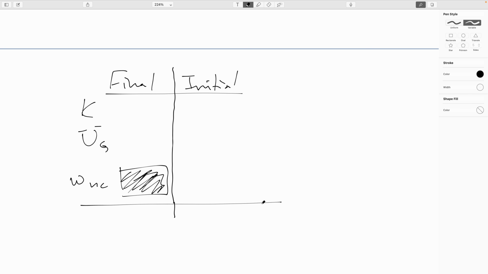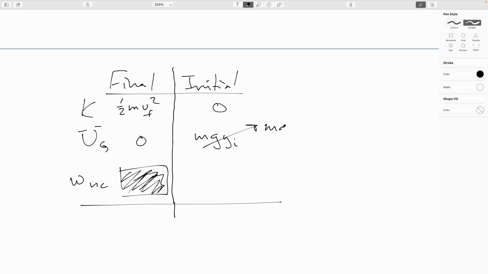All right, so my final kinetic energy is 1/2 mv final squared. My initial is 0 because we just barely nudged it. My final potential energy is 0 because I chose to put y final equals 0. This is going to be mg y initial, but y initial we said was delta s times sine theta.